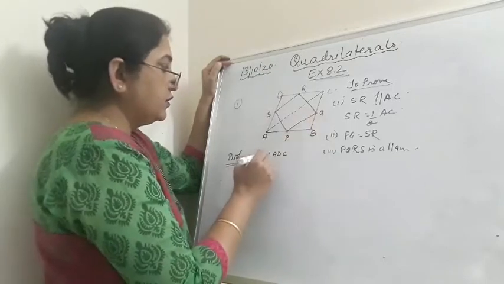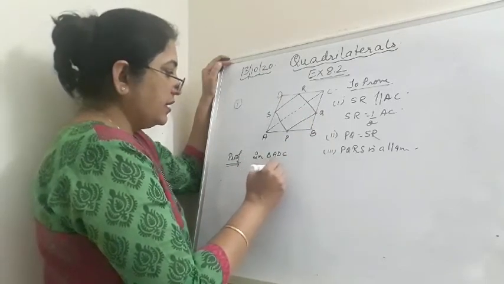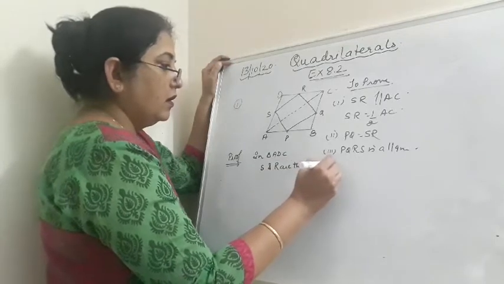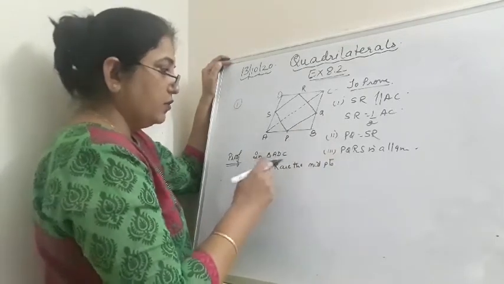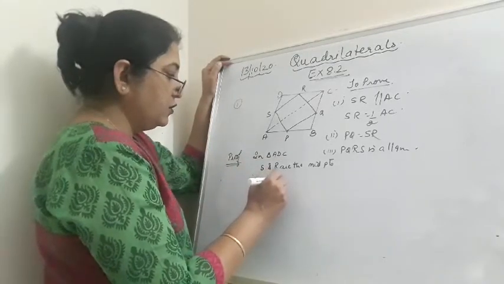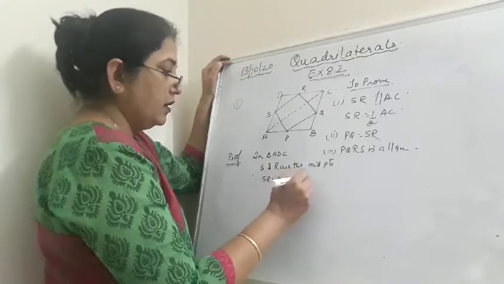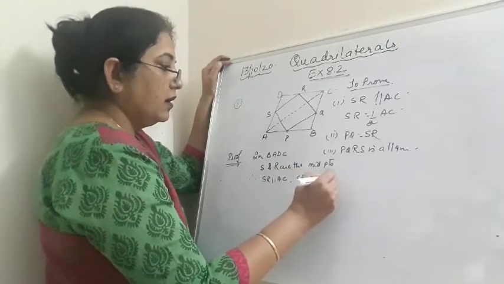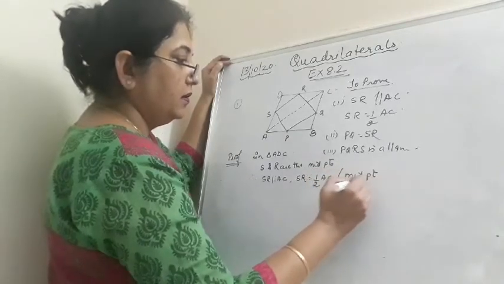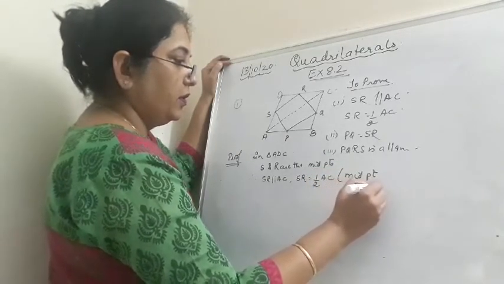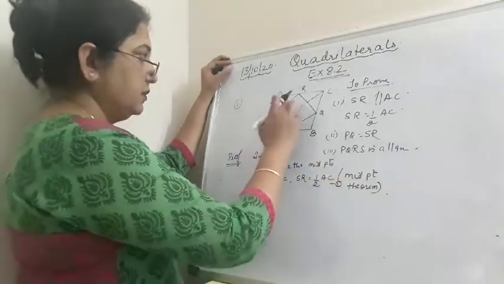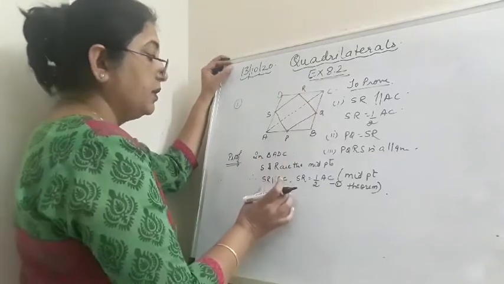So we can write, in triangle ADC, S and R are the midpoints of the given sides. You can mention the sides also. Therefore, SR is parallel to AC and it is equal to half of AC, by the midpoint theorem. Correct? So this is number 1. These are midpoints, therefore we can apply the midpoint theorem.